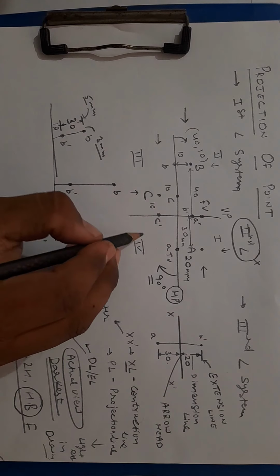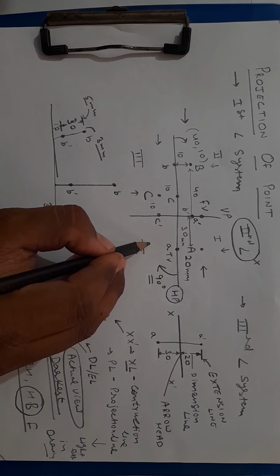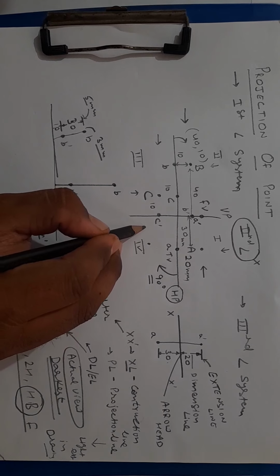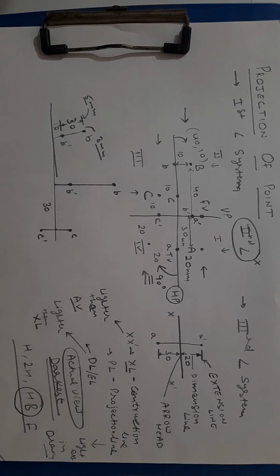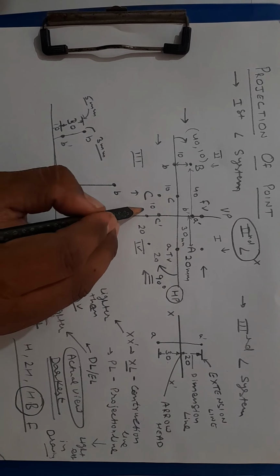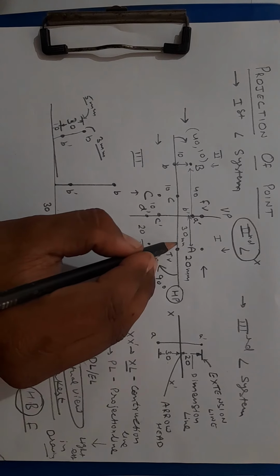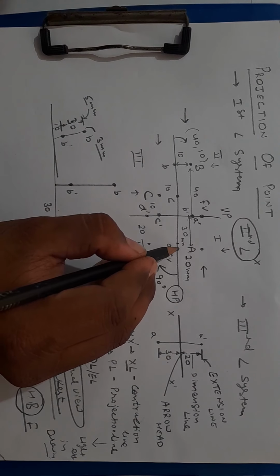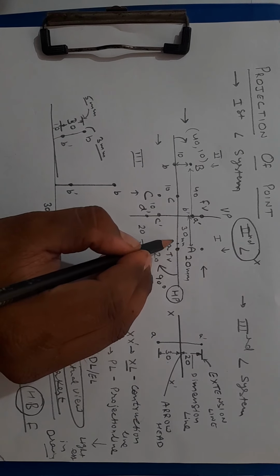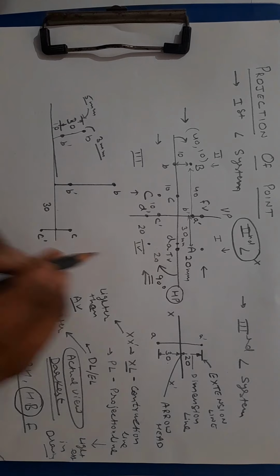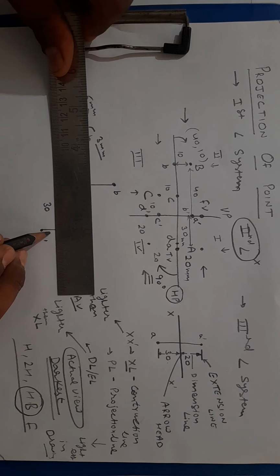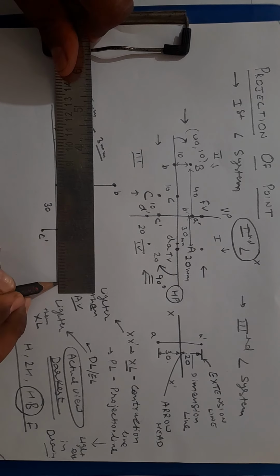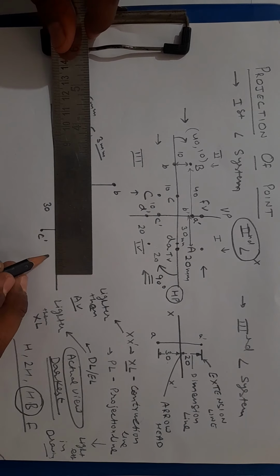After that, if we are talking about the fourth quadrant, I am taking an example of 20 mm, 20 mm. From here, the front view, small d dash, top view, d, it will be over there. HP clockwise 90 degree, both will be on the downside. Keeping in mind, the projectors will have 30 mm distance.